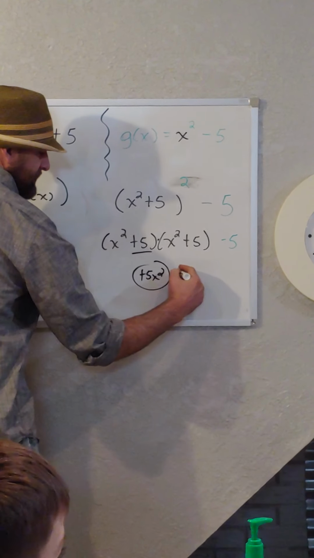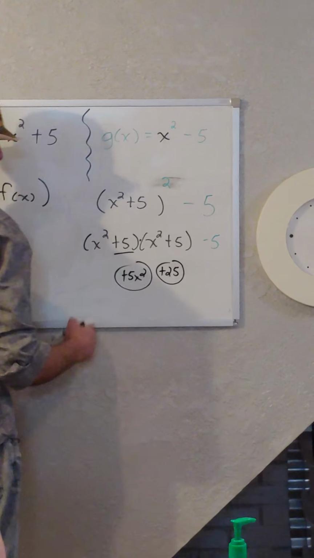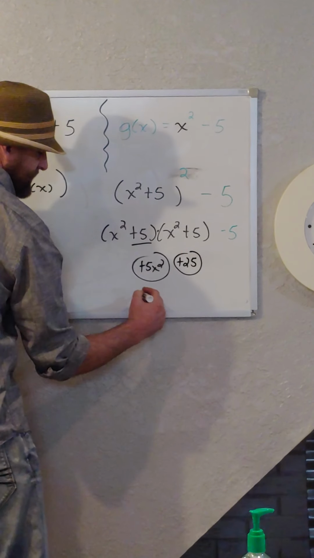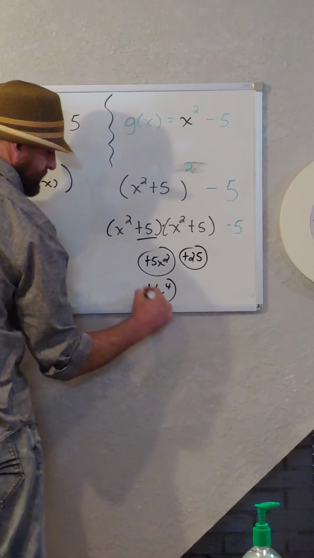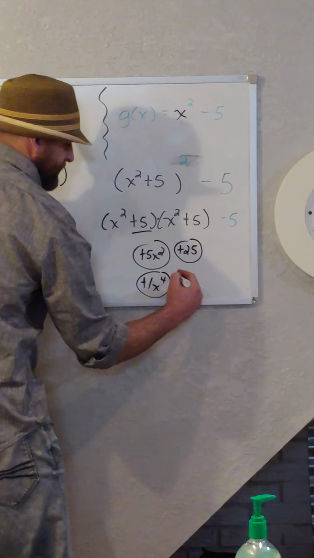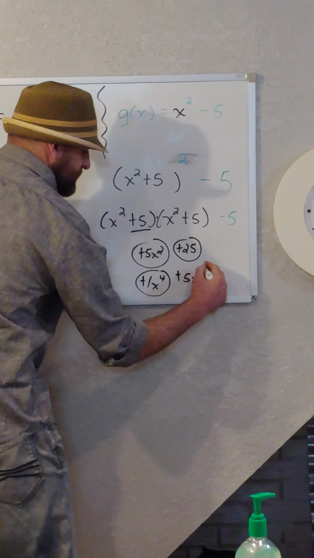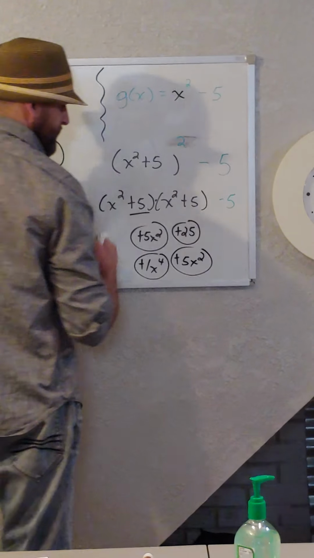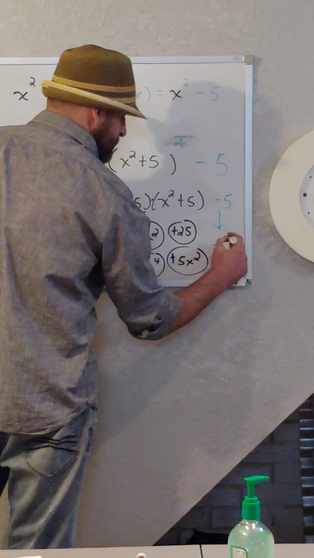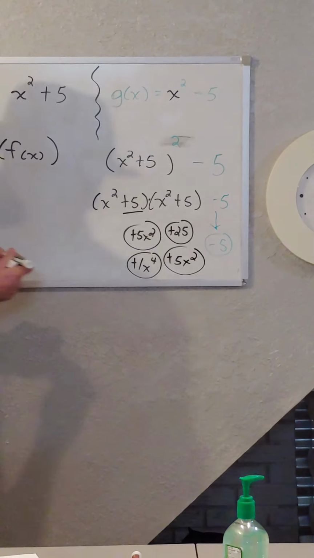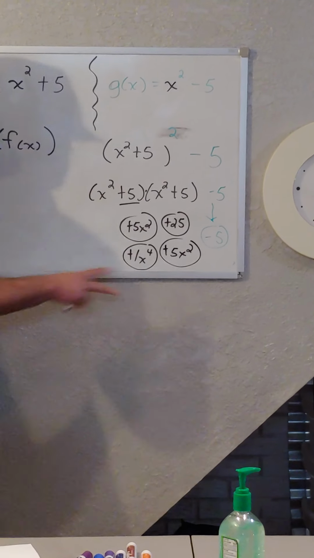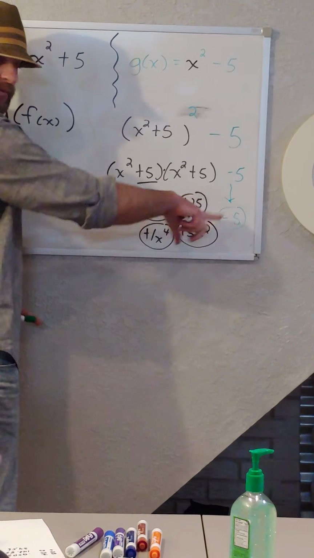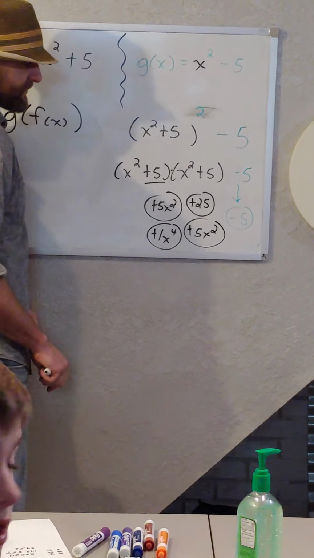Positive 5 times positive 5. x to the second times x to the second. x to the second times 5. And don't forget about this right here as well. And then your last step would be just to put them into their respective T-charts. And then you're done.